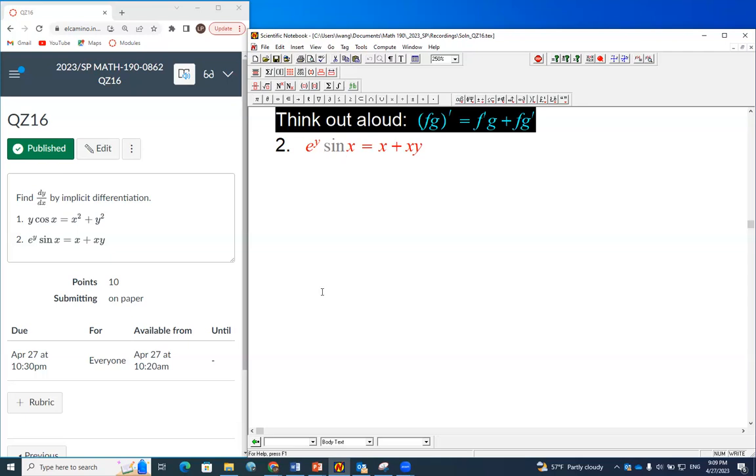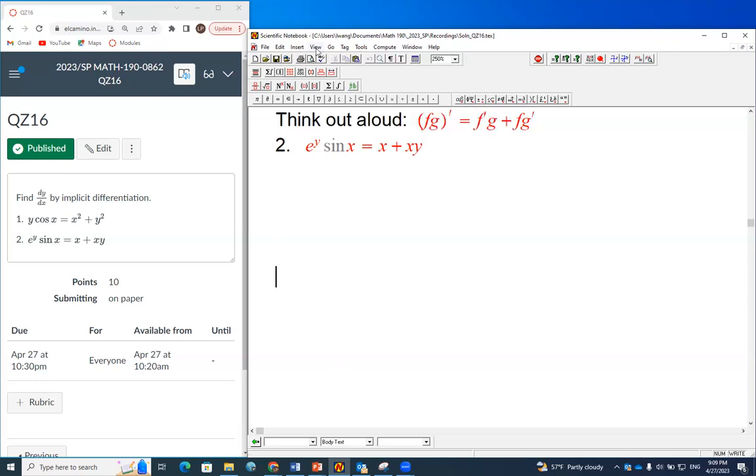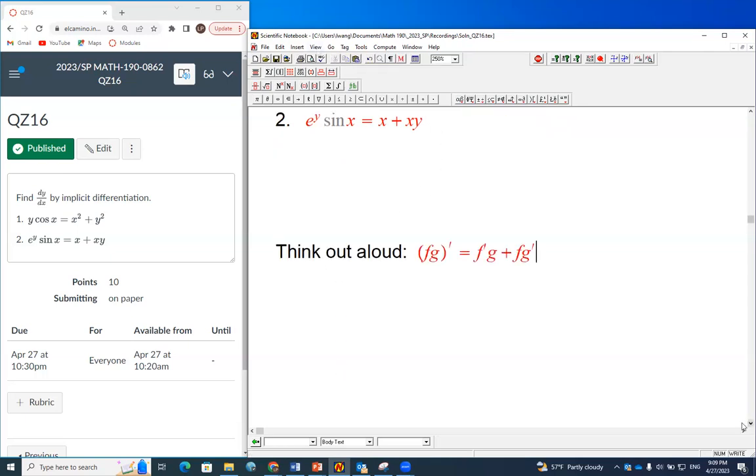I'm going to keep this under. So we only show question number 2. I'm going to apply the product rule on the left-hand side, and on the right-hand side, on x times y. So first we're going to take a derivative on both sides.